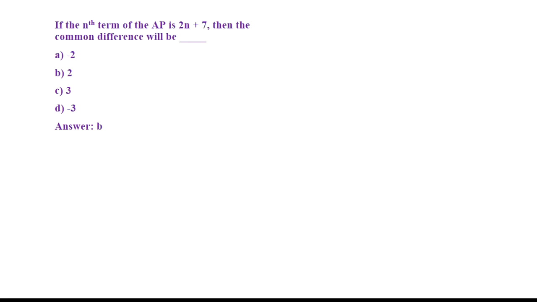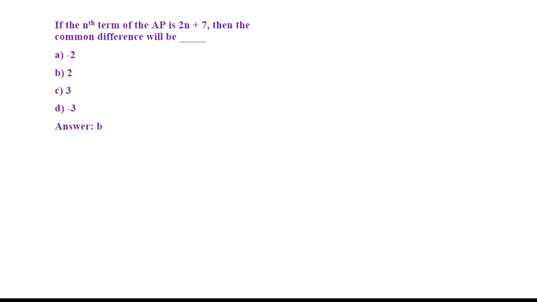It says, if the nth term of the AP is 2n plus 7, then what will be the common difference? First term is not given, second term is also not given, third term is also not given. In short, the given AP is not there with us.